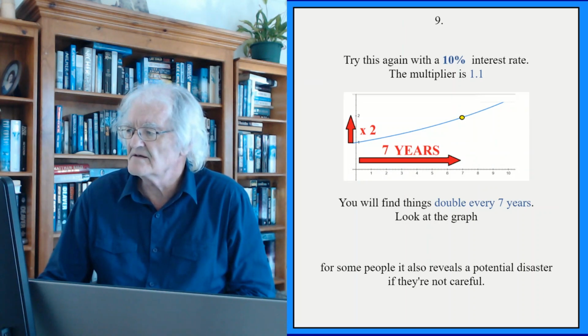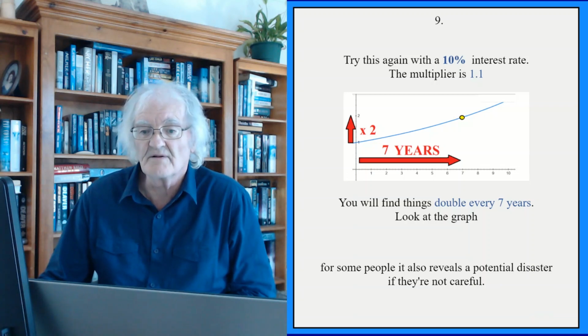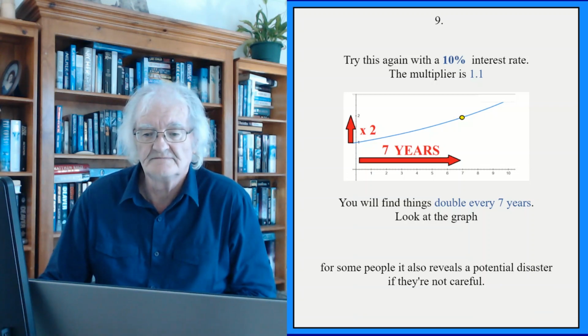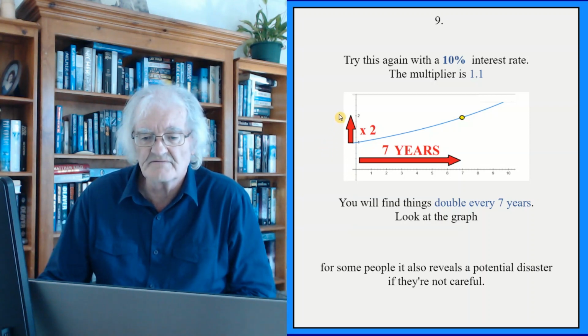Try this again with a 10% interest rate. The multiplier is 1.1. Now, if you look at the graph, you will find that the amount doubles in approximately 7 years.